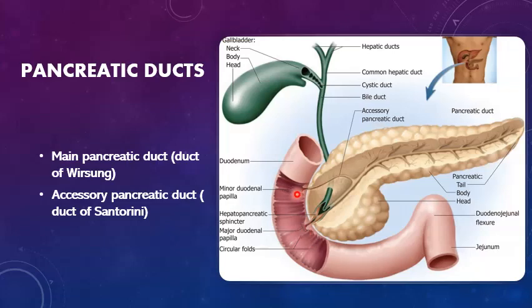So the minor lies 2 centimeters above and slightly ventral to the major duodenal papilla. So these are the ducts of the pancreas: the main pancreatic duct and the accessory pancreatic duct.